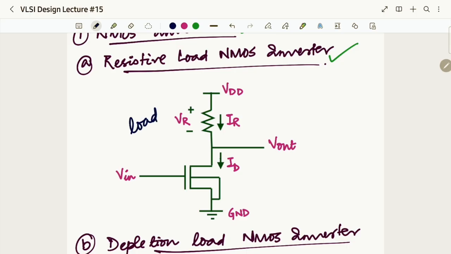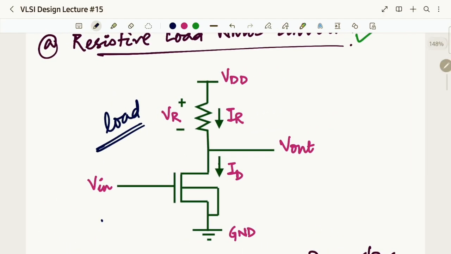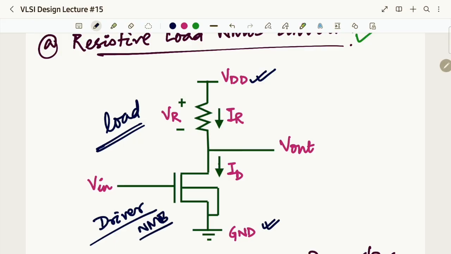That means this resistor is our load. If it is a load, then what will the NMOS be called over here? The NMOS will be called the driver of this circuit. So we have a resistor as the load of our circuit and NMOS as the driver, and we are connecting the load with the VDD and the driver, since it is an NMOS, with the ground.